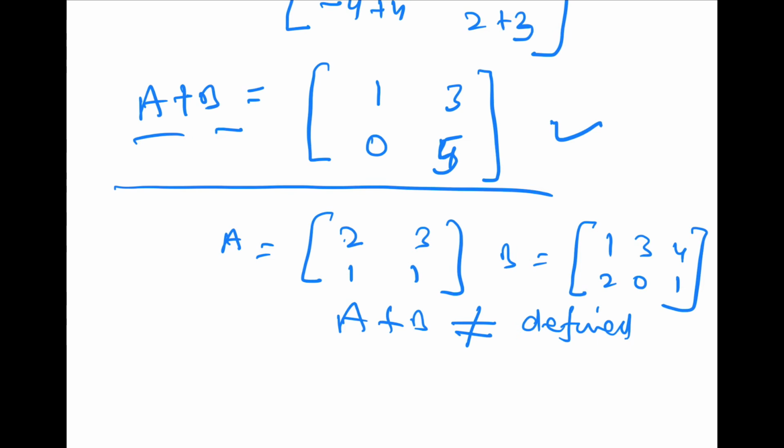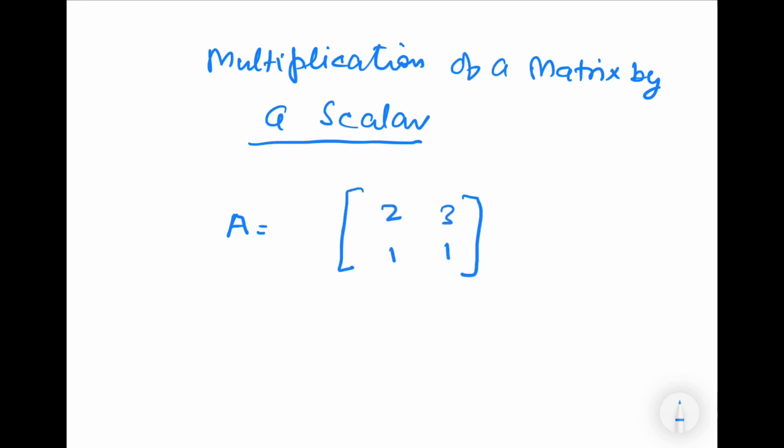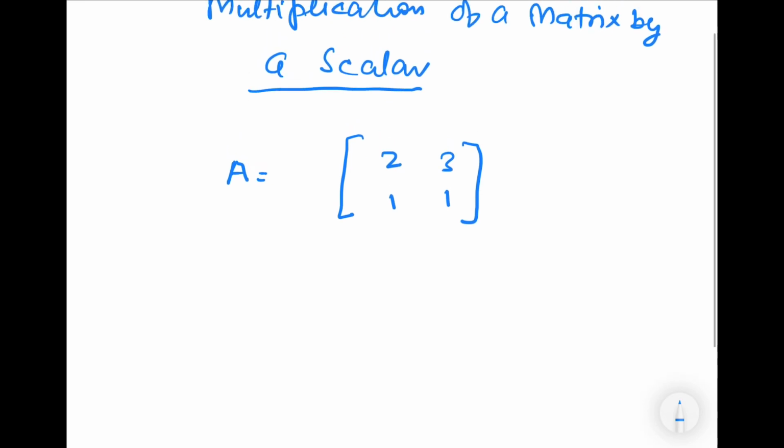Now we come on to the next operation, that is multiplication of a matrix by a scalar. See, if A is equal to [2, 1; 3, 1] and we multiply this matrix by a scalar quantity, that is 3, scalar number 3, 3A. How do we calculate 3A?